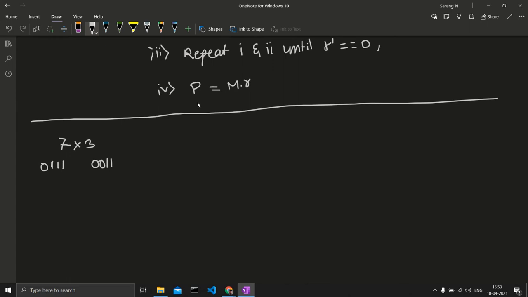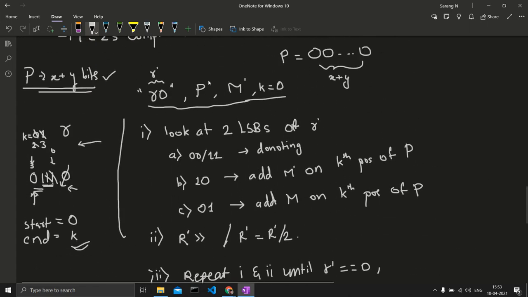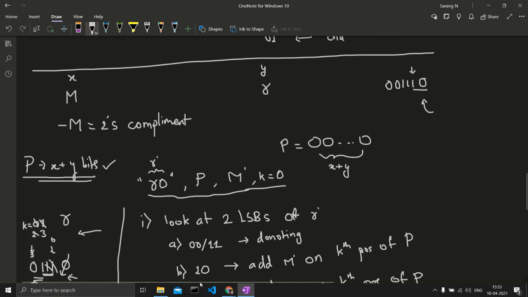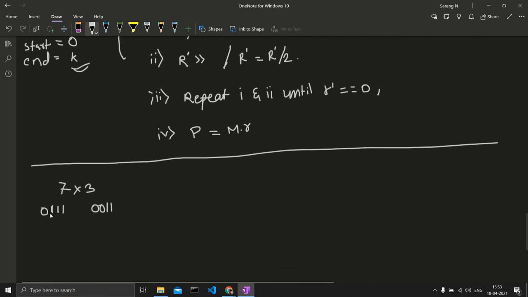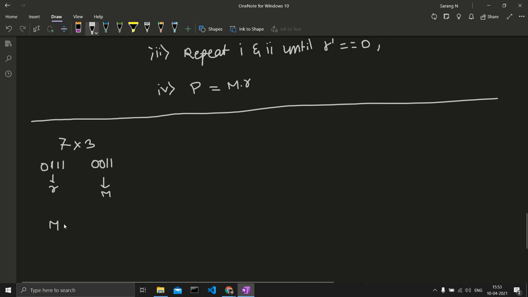But it's better if we have bigger chunks of 1 in r. The bigger the chunk, the better, right? By observation, 7 has a bigger chunk of ones. That's why we would take this as r. Generally it won't matter, but just for simplification in this example, we would use 7 as r, and 3 as m, right? So we have m equal to 0 0 1 1.